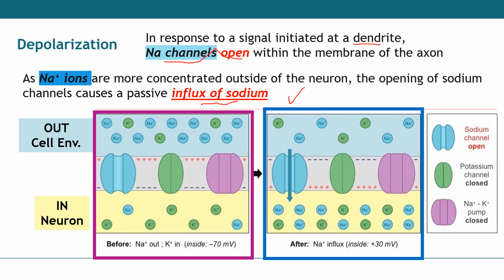Now I'm going to show you what they describe in the textbook. That is something very similar, but here in your textbook, again, you're going to focus on the voltage gated channels, and we're not going to talk about, for example, the sodium potassium pump.